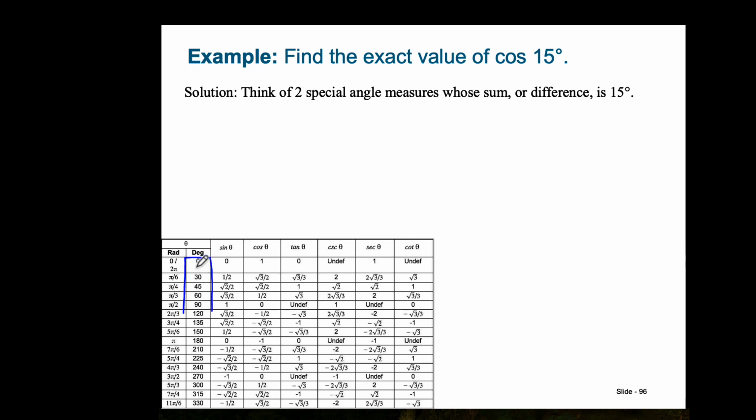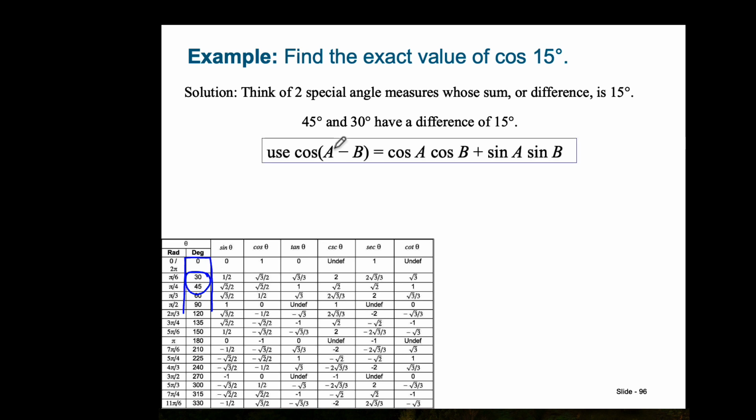Go ahead and pause that video and pick two. All right, welcome back. If you came up with 45 and 30 because those have a difference of 15 degrees, nice choice. There are some other options down here as well, but I'm going to go with the 45 and 30 and use this identity, making angle A 45 degrees and angle B 30 degrees.